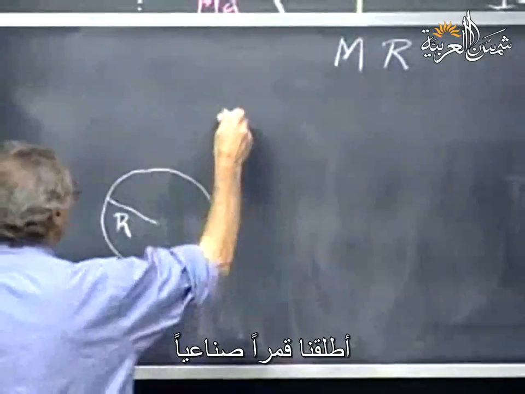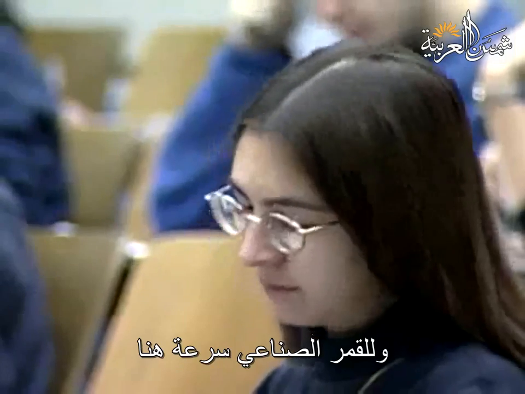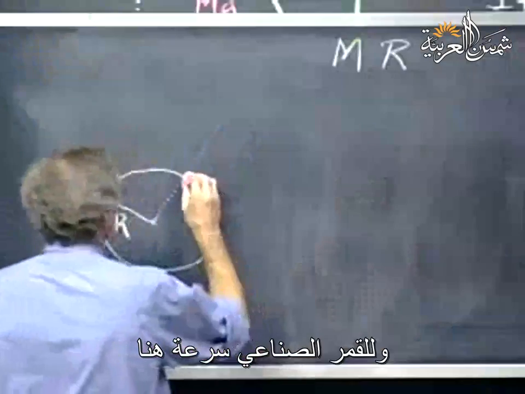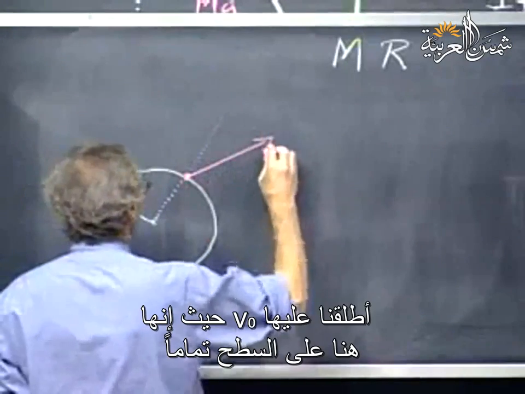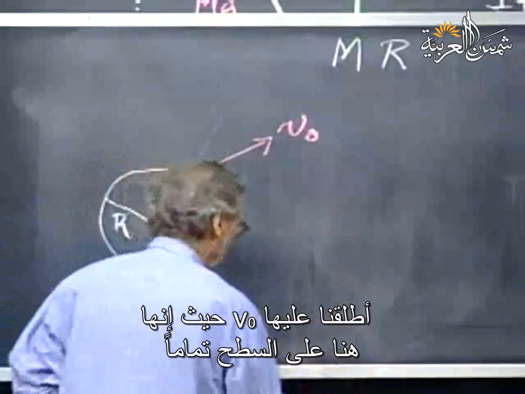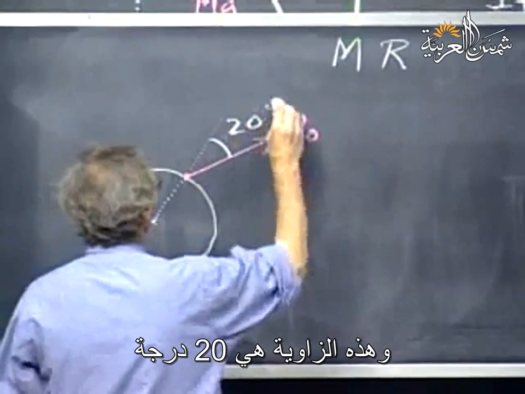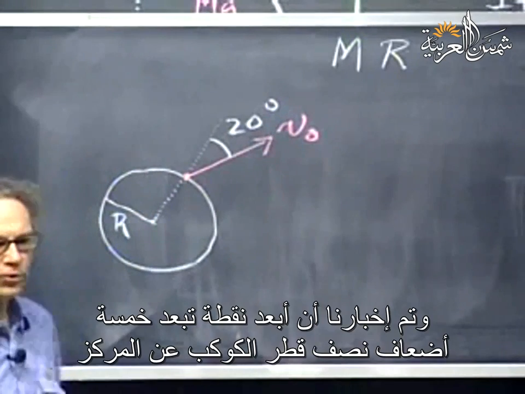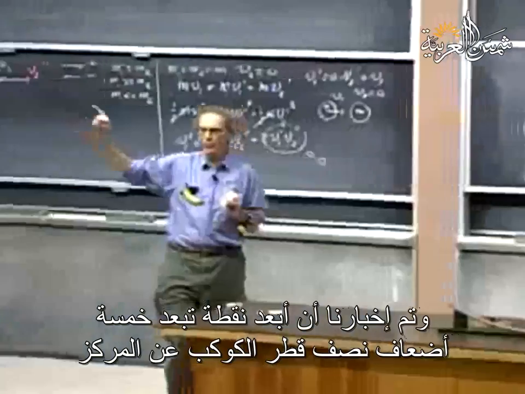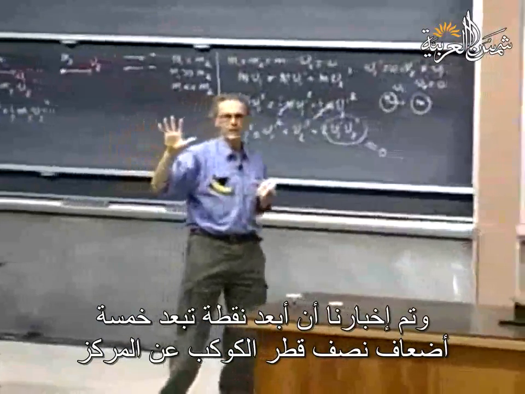We launch a satellite, and the satellite gets a velocity here, which was called v0, as it is right here at the surface, and this angle is 20 degrees. And we were told that the point farthest away was 5 planet radii away.